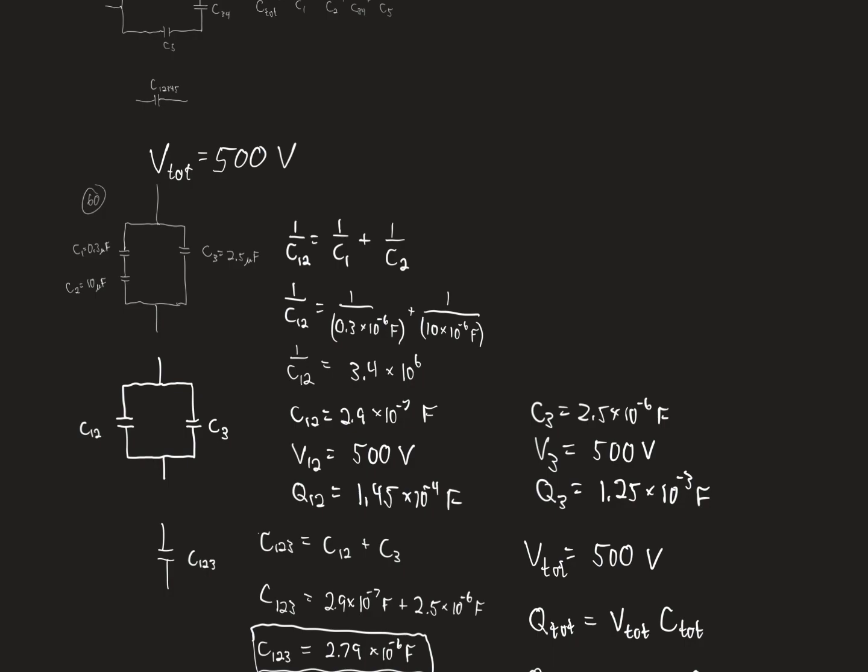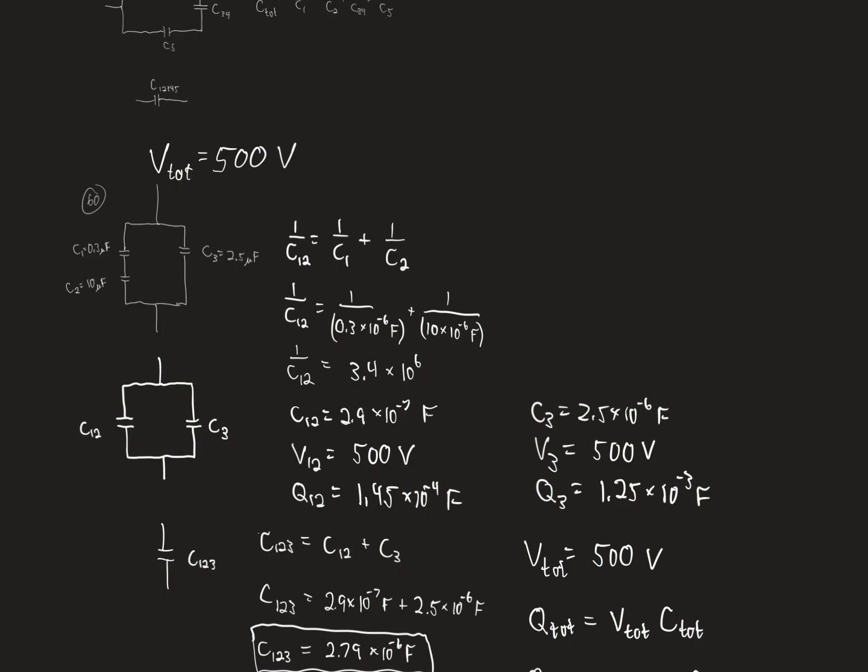What changes between here and here? Here I've got two in parallel. What changes? I fiddled with this. This capacitance goes to being, how are these connected? Series. So what's going to stay the same between these two? Charge is going to be the same. So charge in 1, 2, which we have written here, is going to be the charge in 1 and the charge in 2.